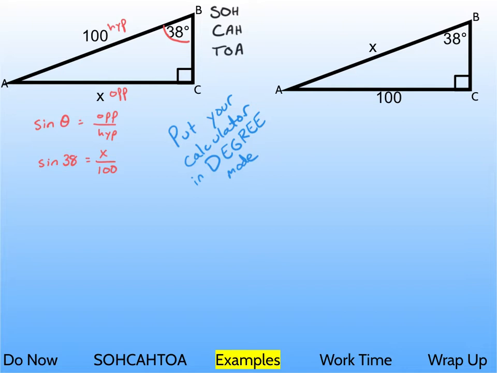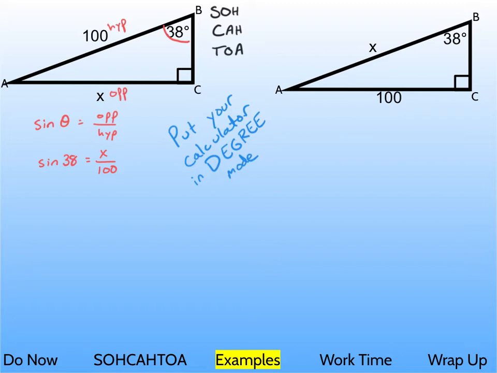Depends on what calculator you have, but usually you can hit something like mode, and then you'll see rad versus deg. You want deg, D-E-G, for degrees. That's the one you're going to want. Otherwise, you're going to get some sort of crazy wrong answer that's not going to work out. So, if you don't know how to do that, just ask me or look it up online. We're in an age of the internet. It's impressive.